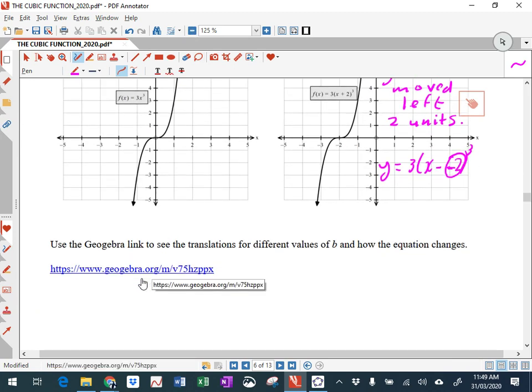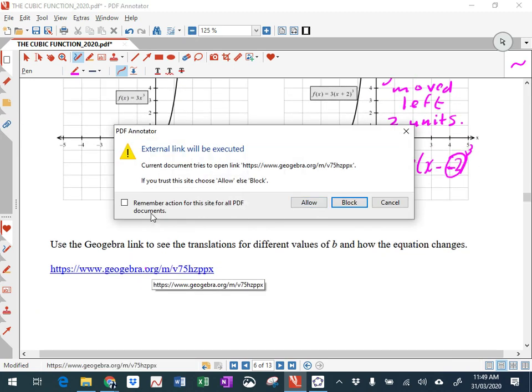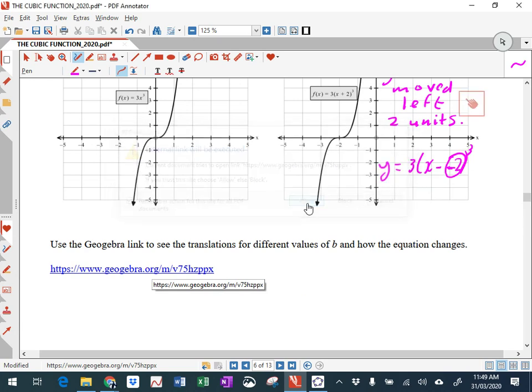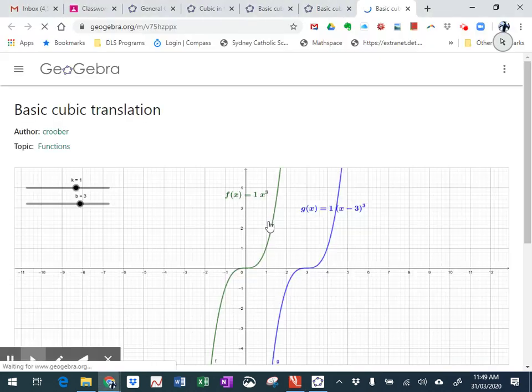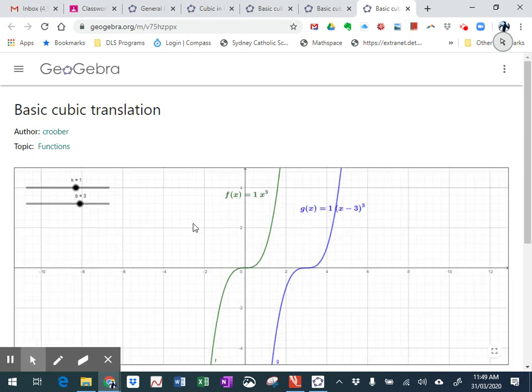You can click on this app here. This should work, and you'll see how this works. Here's your basic cubic function. So I'm going to move the function right. Look what's happening to the equation. Compared to the green function, the blue function is the green function moved right by 6 units now.